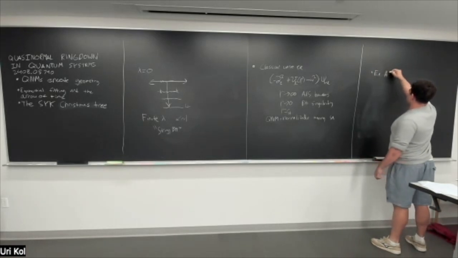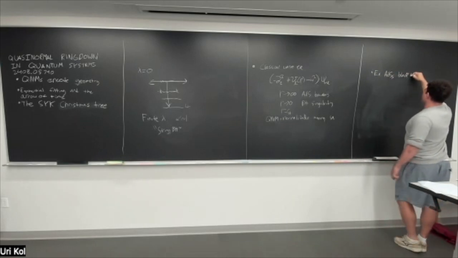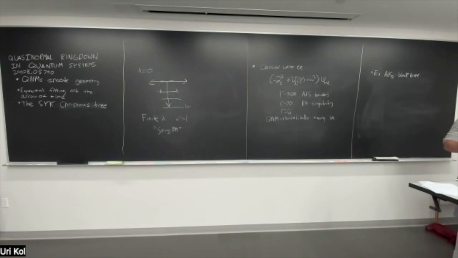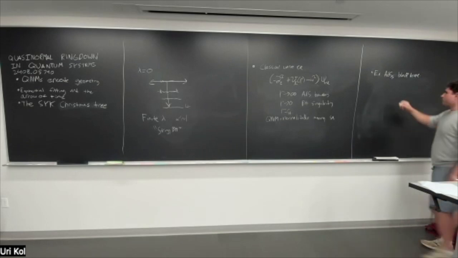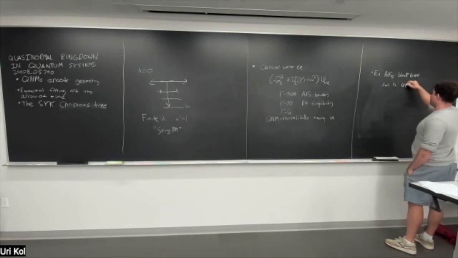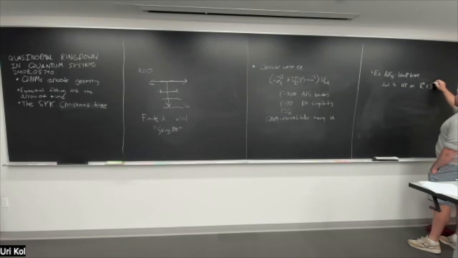So let me take an AdS5 black brane. What this is, it's an infinitely large black hole, and it's dual to the boundary theory at infinite volume. So it's dual to a conformal field theory on R^4 times the thermal circle.